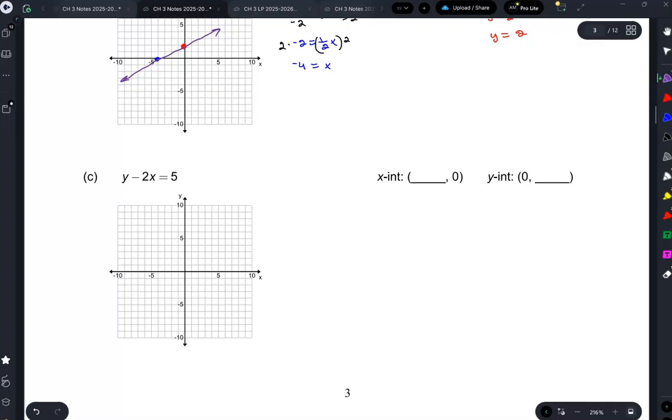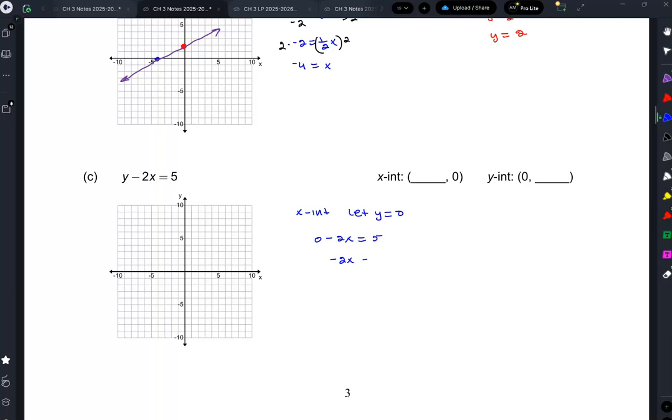Cool. Lastly, this one. For the x-intercept, let y equals 0. 0 minus 2x equals 5. Negative 2x equals 5. Divide by minus 2. X is negative 5 over 2, and that's okay. We can have fractions, right? That's fine.